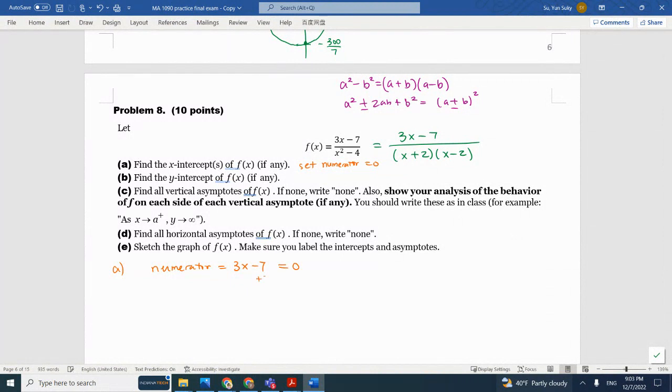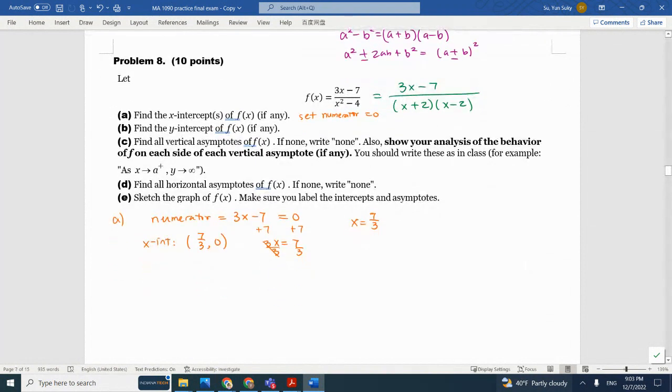So add 7 on both sides. 3x equals 7. Divide both sides by 3. We have x is 7 over 3. So the x-intercept is a point, not a number. So 7 over 3, comma 0. Okay, that is part A.